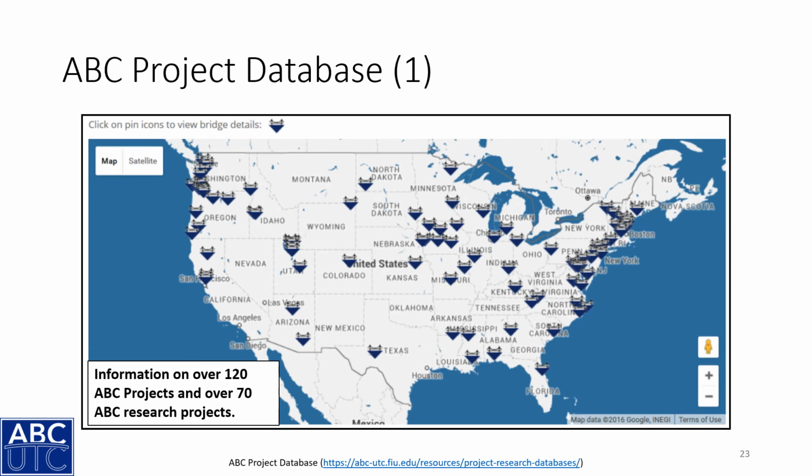One of the best resources on the ABC-UTC website is the ABC Project Database. This database has information on over 120 ABC projects that have been completed and over 70 ABC research projects.